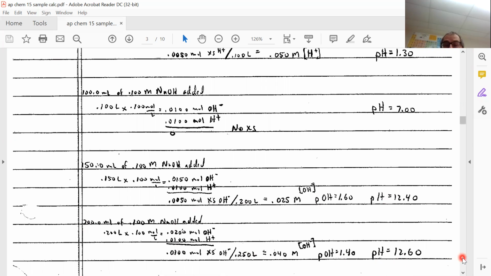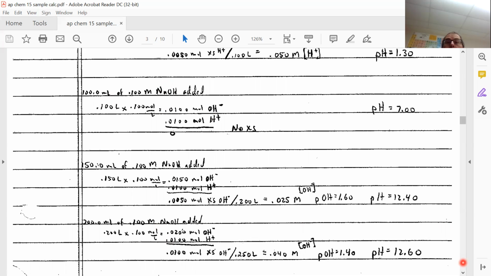Everything except where you have the exact amount of moles of acid and moles of base makes it neutral. Otherwise, all of these are an excess acid, excess base problem. Less than 100 milliliters of base added, you have excess acid. More than 100 milliliters of base in this case, you have excess base.